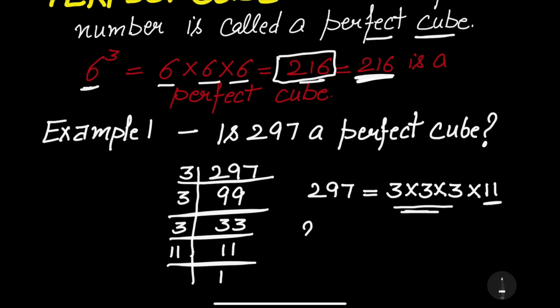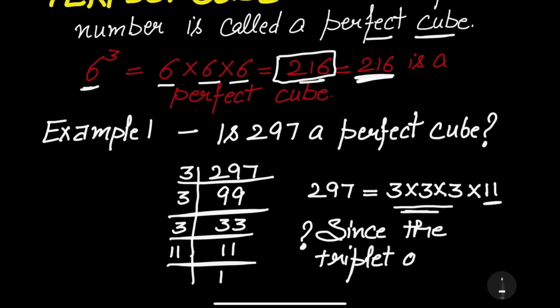What is the reason you will write here? Since the triplet of the number 11 is not formed, the given number is not a perfect cube.